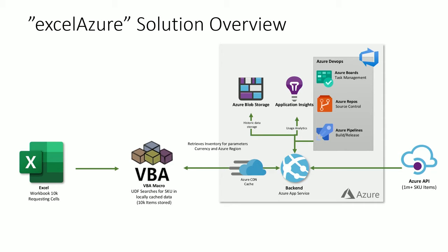But I quickly realized that when you design a custom function or user-defined function in Excel, you have to make it scale. You can use it one time in a demo or 10 times, but the way I was using it, I wanted to use it like 5,000 or 10,000 times each time I refresh the sheet. So I don't go and call the backend 10,000 times just to refresh an Excel sheet.